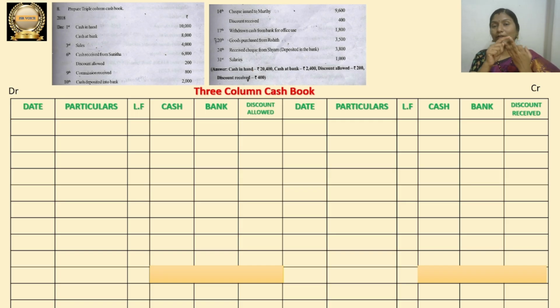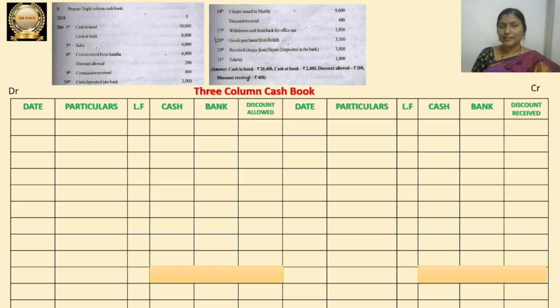If you know these three, then easily you can record all these transactions on the correct side and get the correct answer in the final exams.